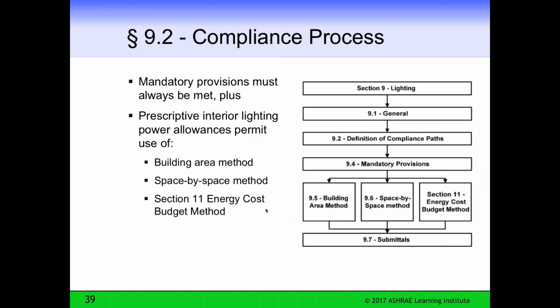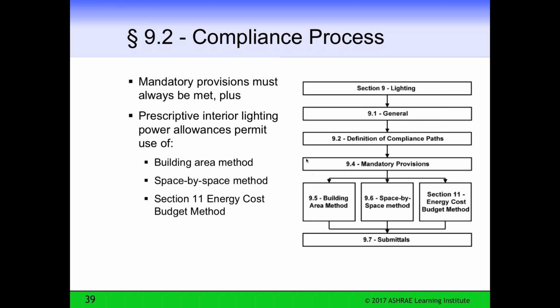And we've seen these compliance diagrams before for the lighting section. You start at the top in the lighting diagram. You have general requirements, you have definition of compliance path, you have mandatory provisions, which in my view are all of the control requirements. And then you have the lighting power limits defined by Section 9.5, the building area method, which is a very general method for defining lighting power limits.